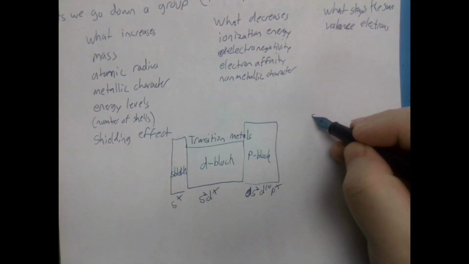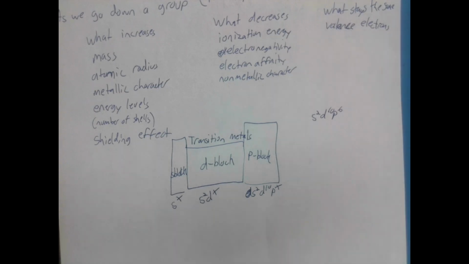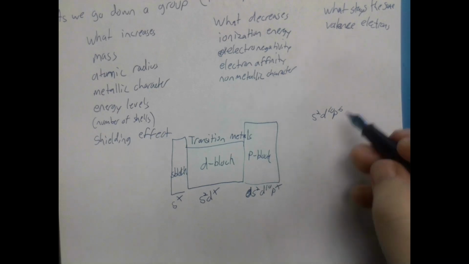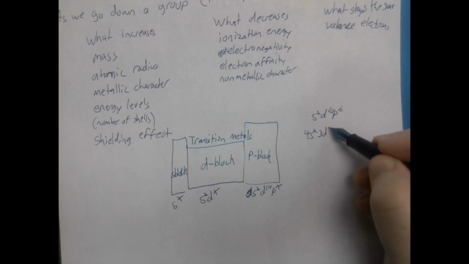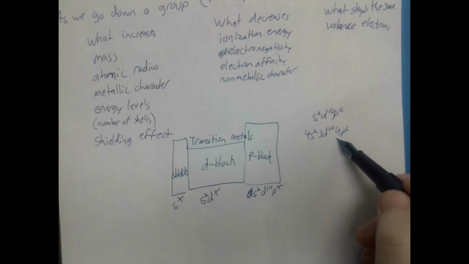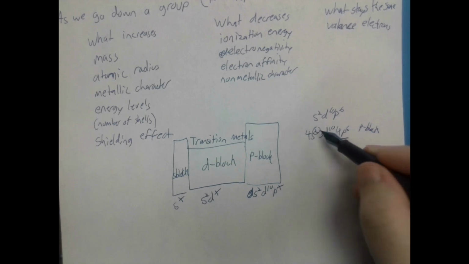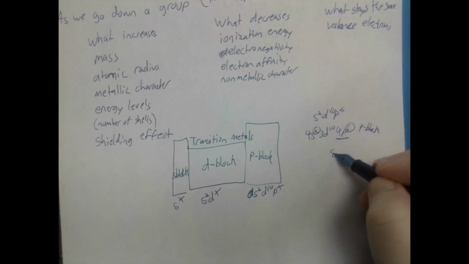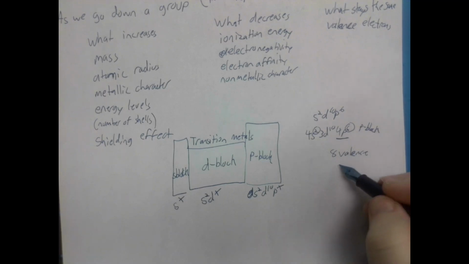So if you see 6S, D10, P6, and so 4S2, 3D10, 4P6, this should tell you, because it has a P in it, this is in the P block section. And counting the highest energy level, it has 8 valence, and is thus a noble gas.